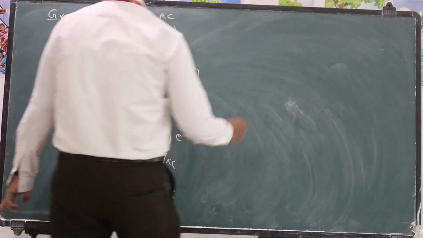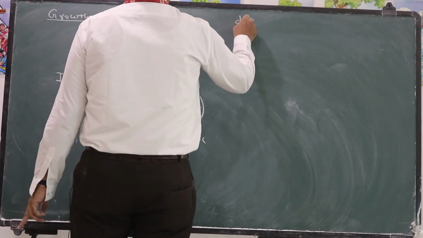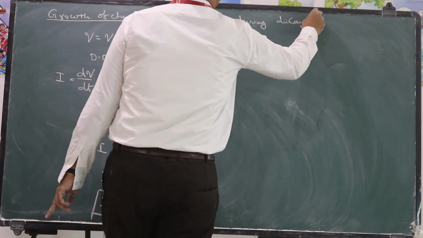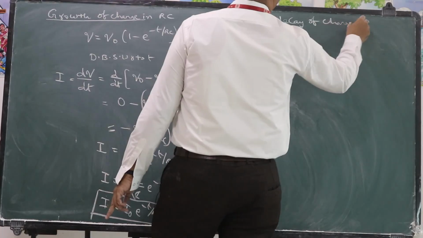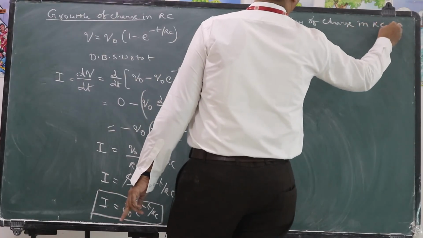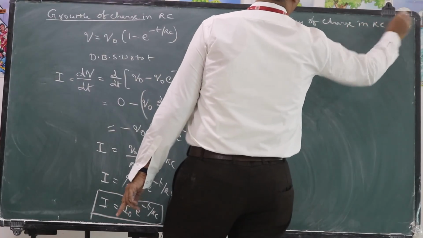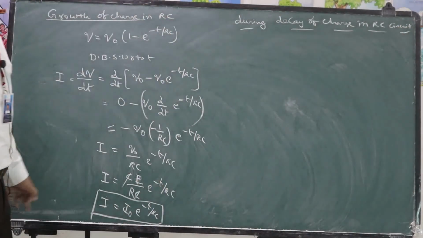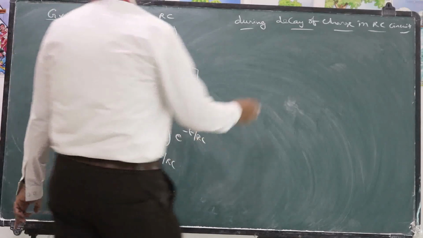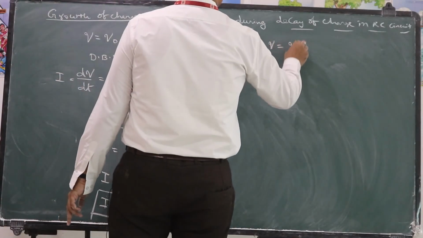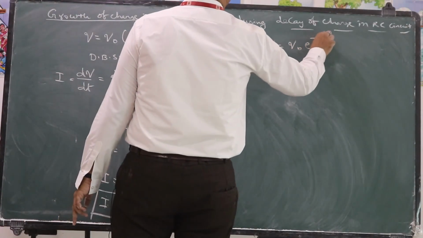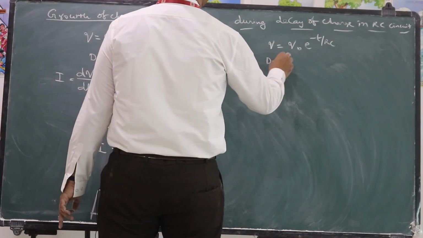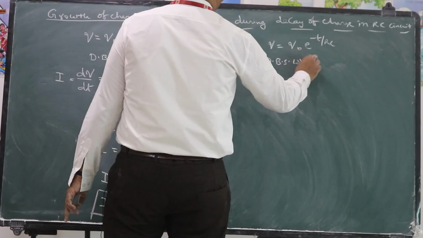Okay? So during decay of charge in RC circuit, Q is given by Q0 into e power minus t by RC. Differentiate both sides with respect to t.